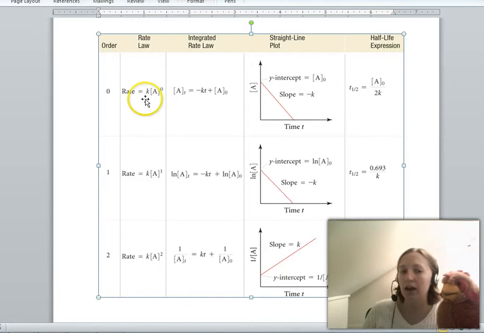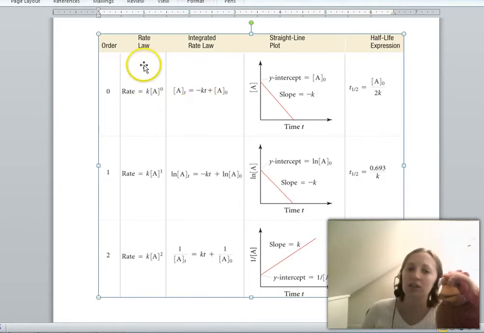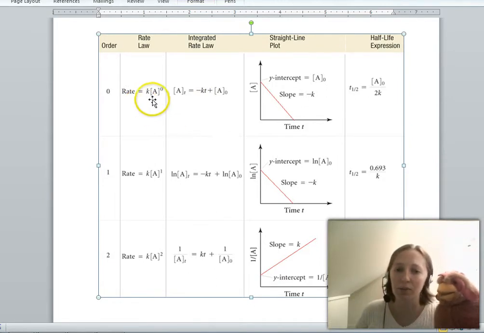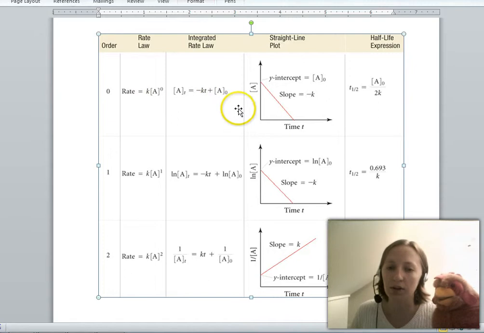Or if you've figured out the rate constant from differential, you can take it and plug it in here. And so basically what you end up doing is you use this formula to get a number that you stick in this one, or you use this formula to get a number that you stick in this one. And so that's why they're paired, why they're kind of members of the zeroth order team here.